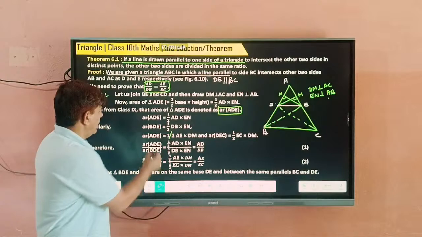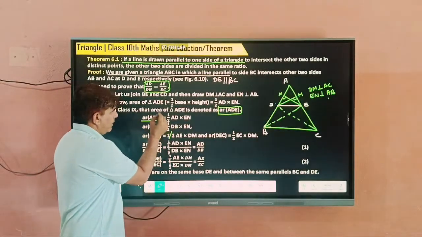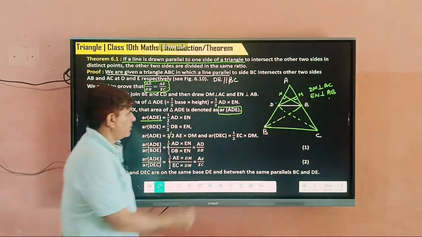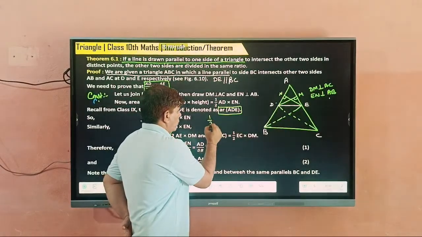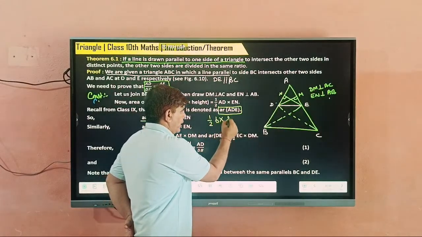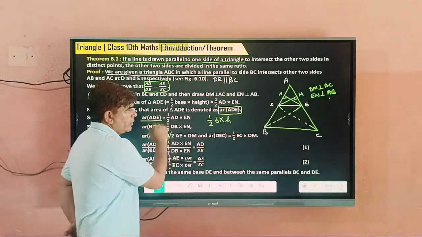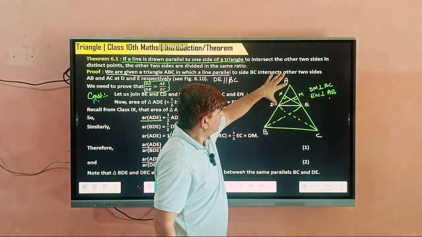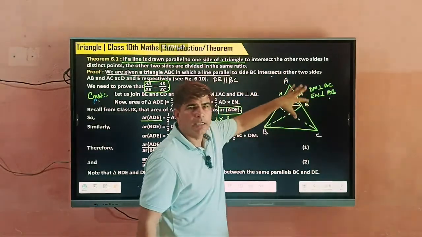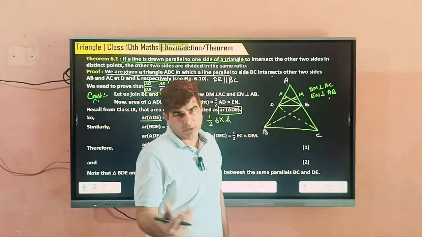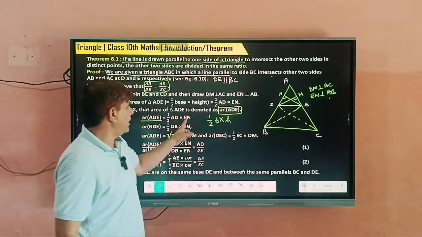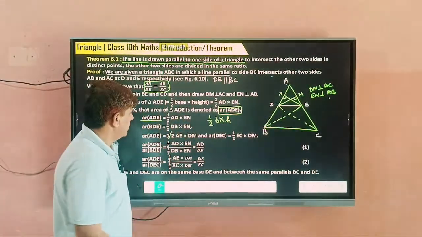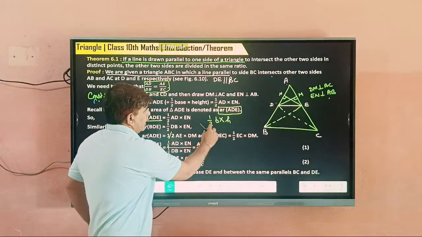Area of triangle ADE equals half into base into height. AD is the base here, and EN is the perpendicular. So this is the formula: half into AD into EN. Understood this?